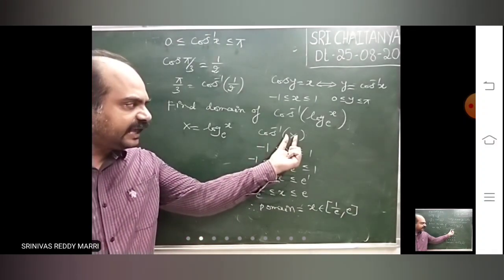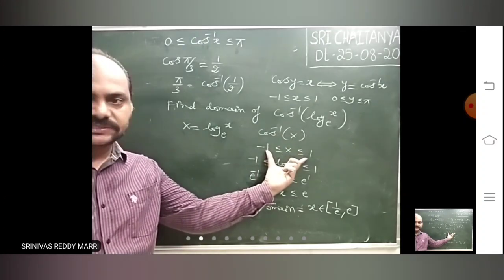Just simple. Cos inverse is there; inside, you write between minus 1 and 1.